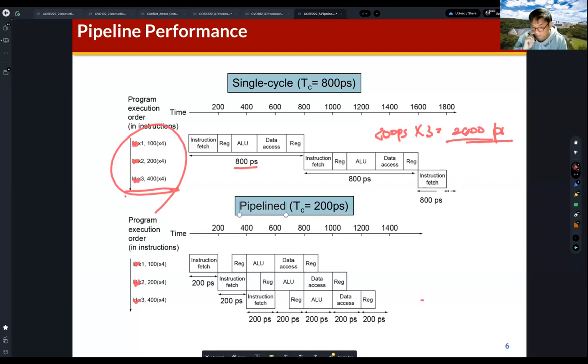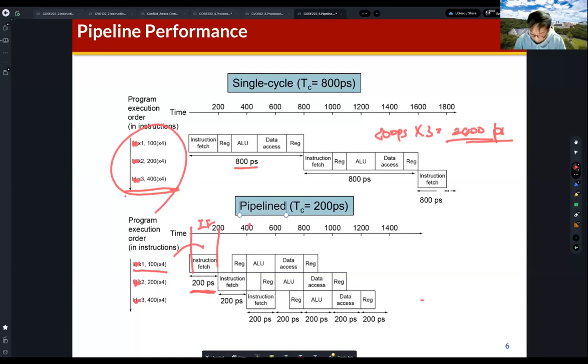How about the pipelining? 200 picoseconds is the maximum delay of this pipeline stage. So we need to set the 200 picoseconds for the clock period of the clock signal, right? For the first 200 picoseconds, this first load word is in the instruction fetch stage.